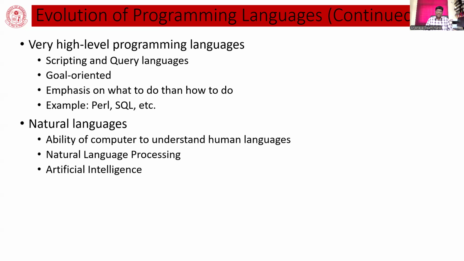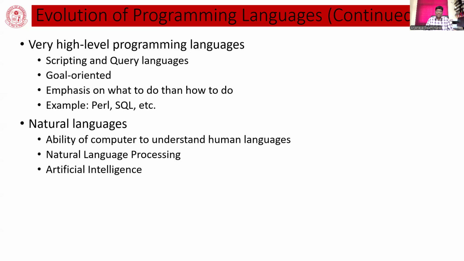So this is where natural language processing comes into the picture. Natural language processing is basically the computer being able to understand natural languages, and artificial intelligence also comes into the picture here, because a computer needs to understand the human language and should be able to take its own decisions and perform tasks.